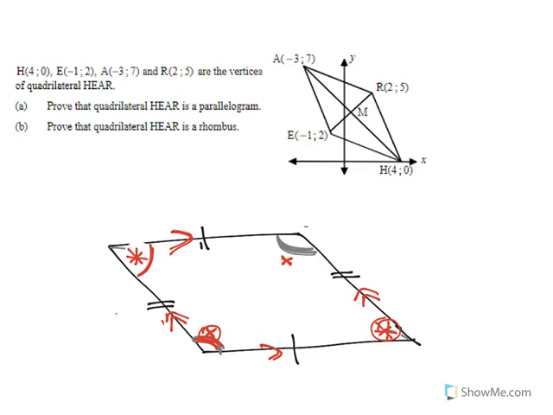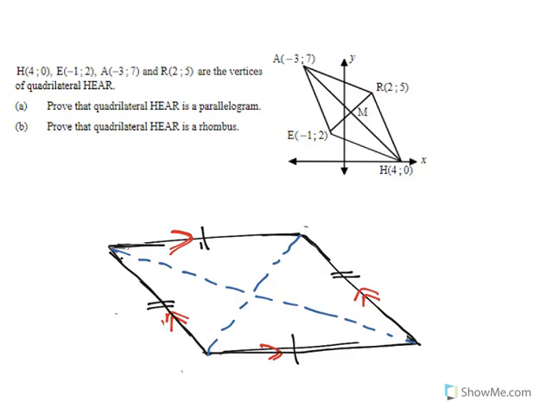And then finally, we want to show that our diagonals bisect each other. So we want to show that this side is equal to this side, and that this side is equal to this side. And again, we use the idea of congruent triangles.